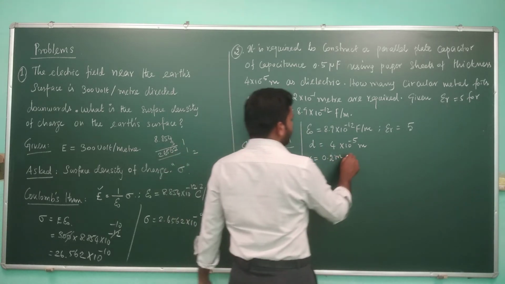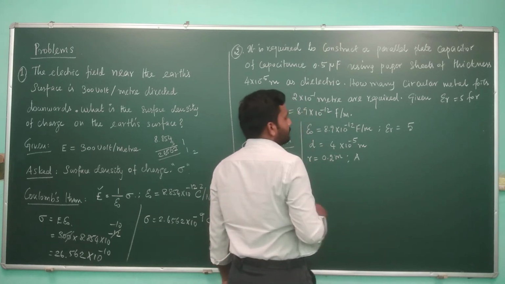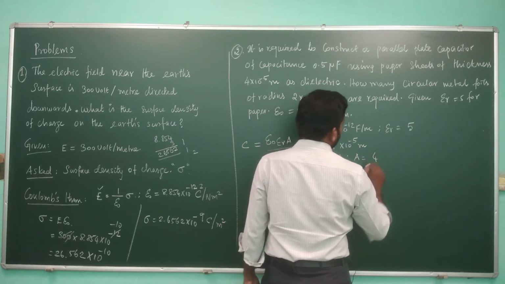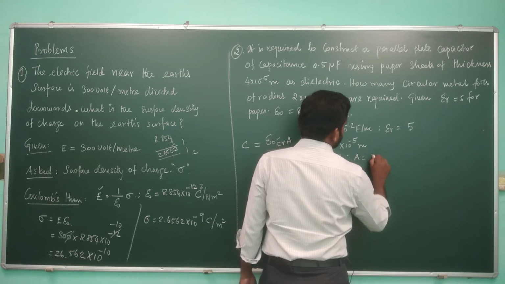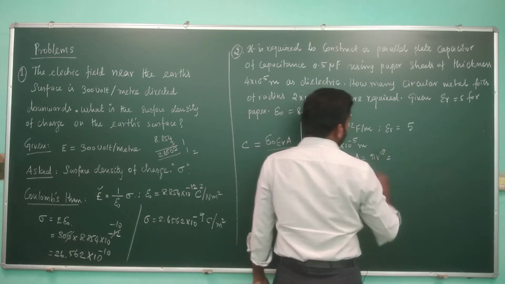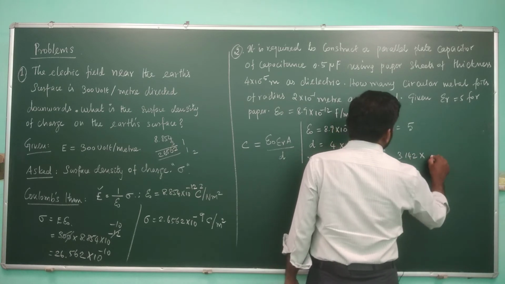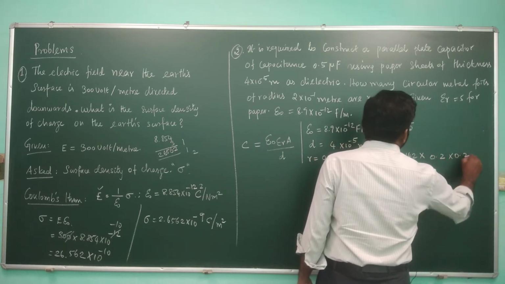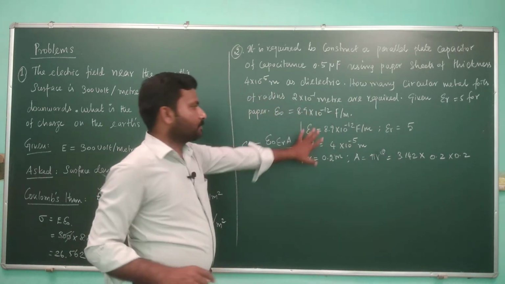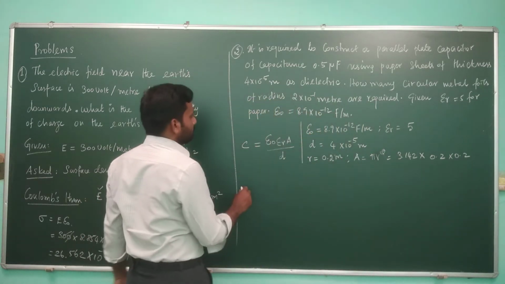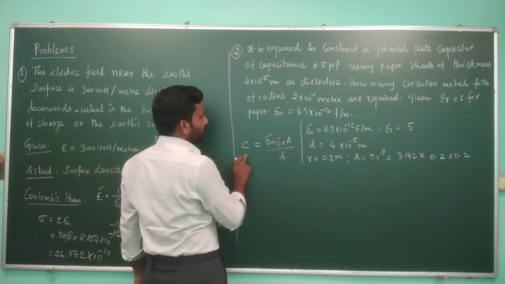What do you want? You want the area. Area of a circle is pi r square, where the value of pi is 3.142 multiplied by 0.2 into 0.2. Substitute all these values in this equation, and C is also given.